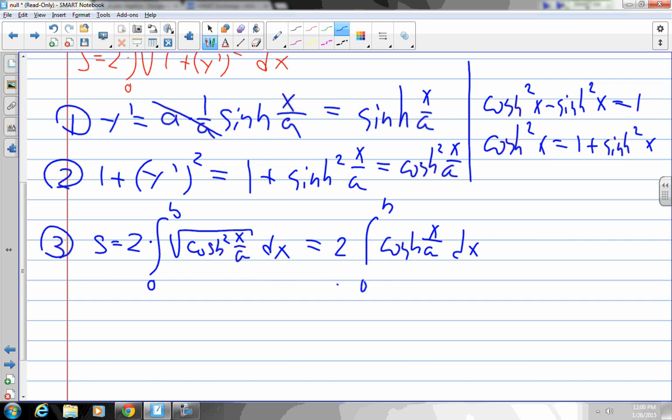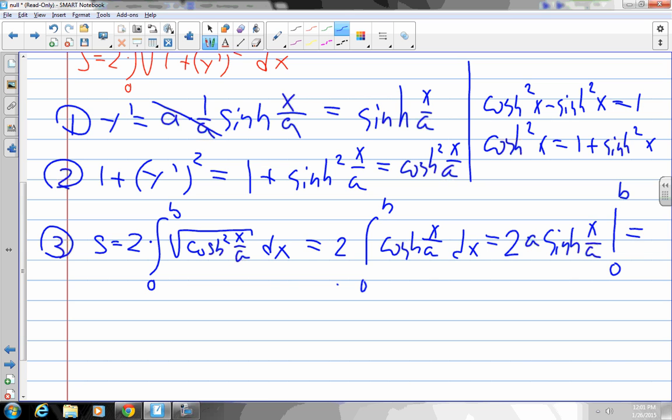So then, what is the integral? Integral of cosh. Now, how do you fix the whole x over a business? What are you missing? An a. We need another a, because now it's an integral, so 1 over a comes out. It has to kill the a in front. And you evaluate this from 0 to b.